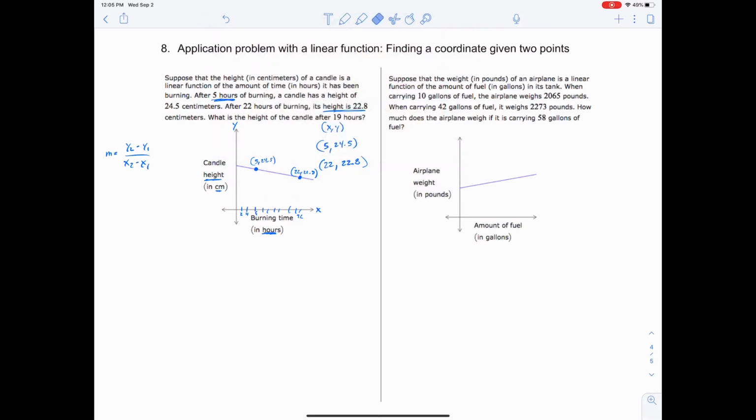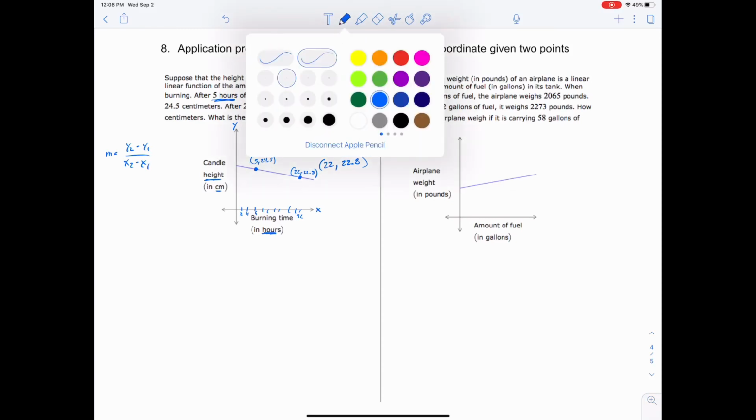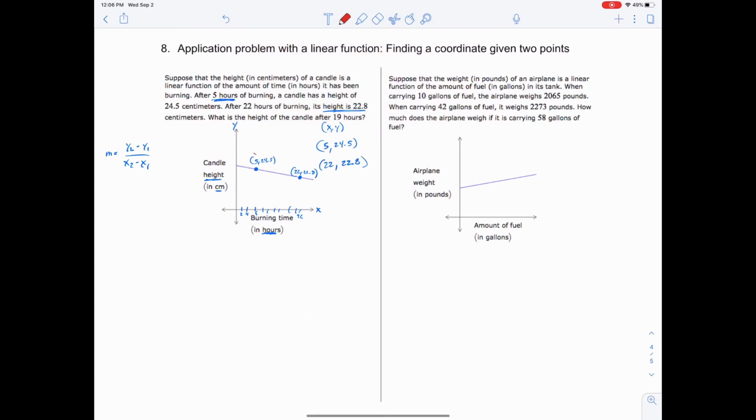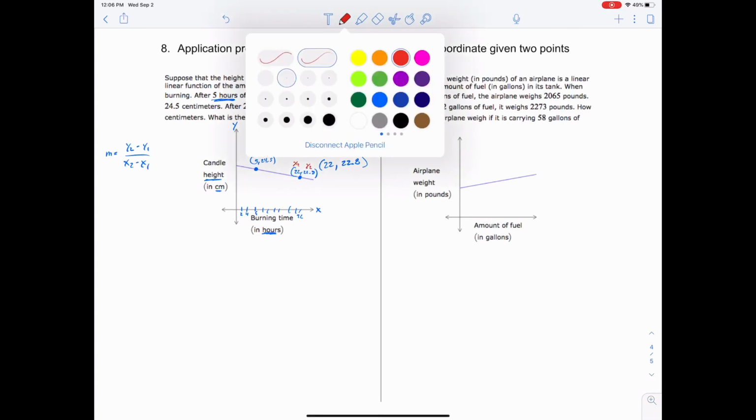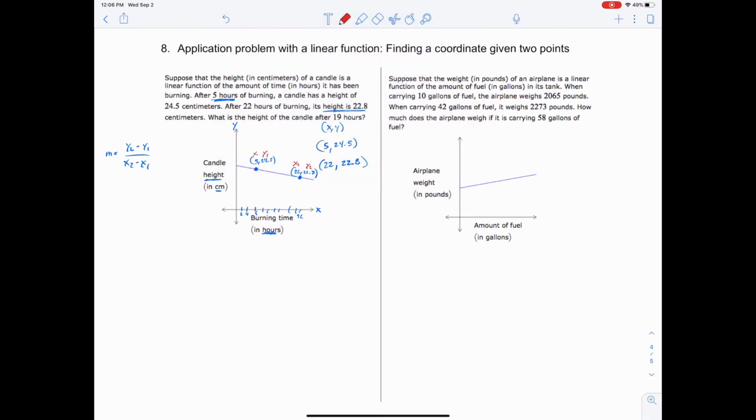I'm going to label this, deleted some stuff here, still 5. So this is going to be my x1, y1, my x2, y2. And I'll keep it in red, why not? So let's do this. I'm going to bring this down here.